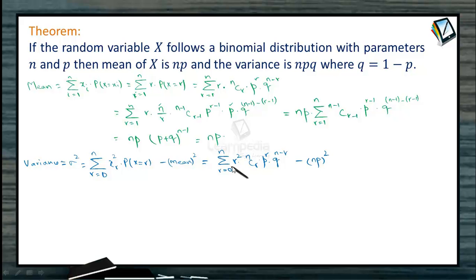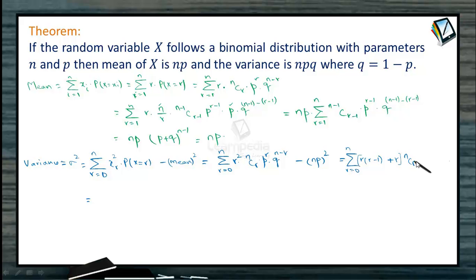Now look at the first term here: r square into nCr into p to the power of r into q to the power of n minus r. When we use binomial properties of nCr, look at this first term r square. Can we rewrite r square, under sigma r equal to 0 to n, as r into r minus 1 plus r, so that minus r cancels with plus r?